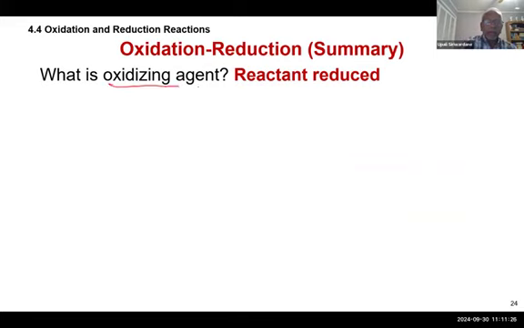There are two compounds in a redox reaction. One loses electrons, gets oxidized. One gains electrons, gets reduced. Reactant that gets reduced. It's the oxidized reactant.